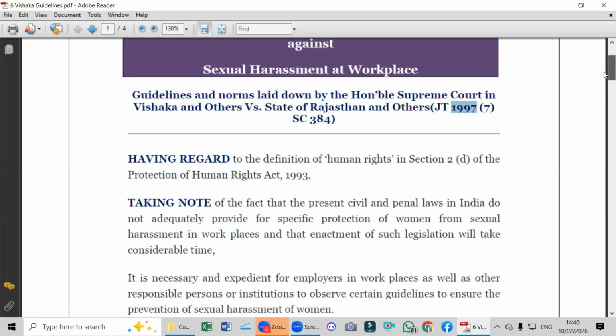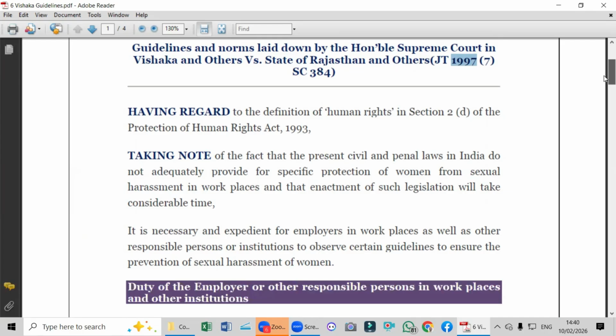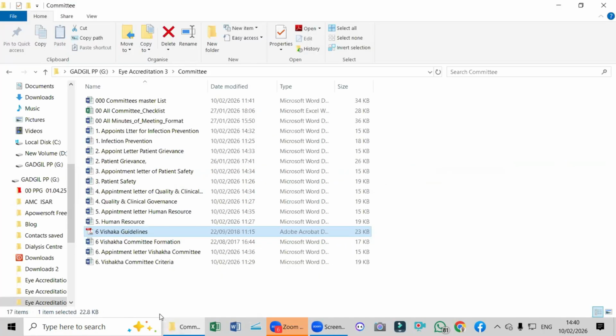The Supreme Court has given these guidelines, and we need to be aware that they exist. If somebody reads this, it's not difficult; it's easy. But make sure that at least one person in your organization has read it.